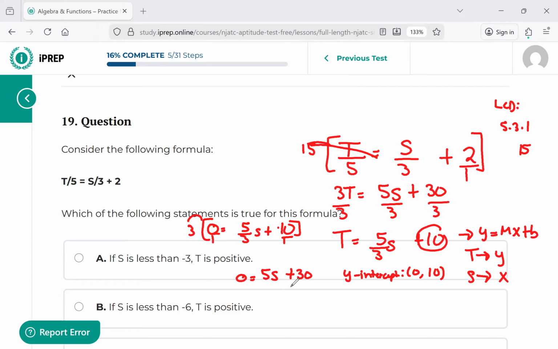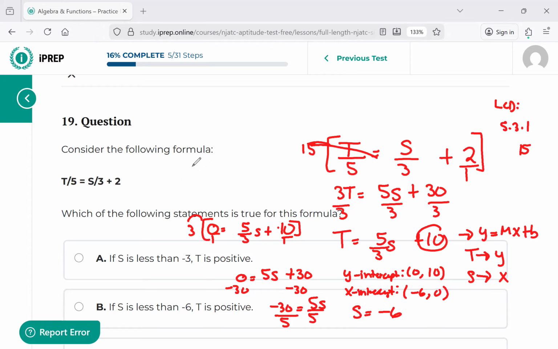If you solve for s, you get negative 30 equals 5s, and that's divided by 5. s equals -30 divided by 5, which is -6. So my x-intercept is (-6, 0). Okay. So now we can graph it on a Cartesian plane.